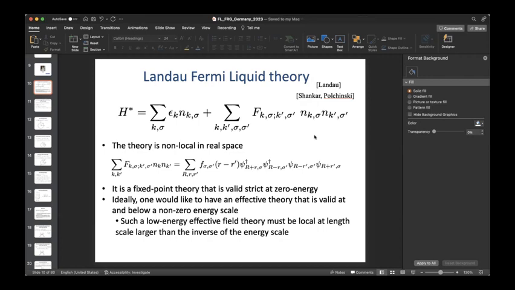So is it like that in some sense then? Yeah, I think so. From a symmetry point of view, this Landau Fermi liquid theory has the U(1) symmetry at each momentum on the Fermi surface.